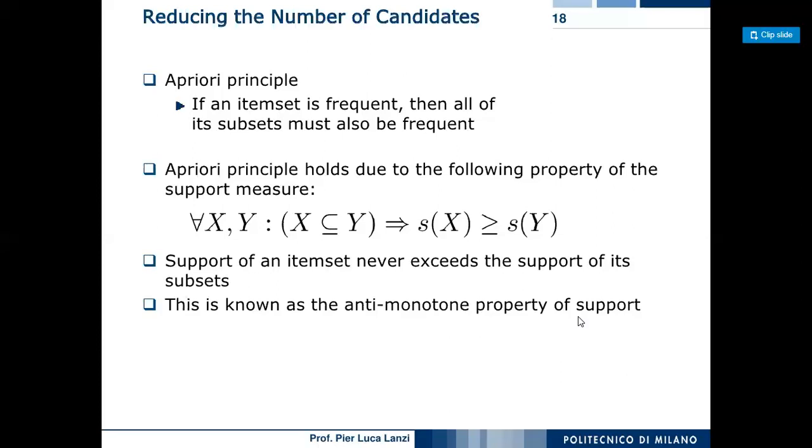This is known as the anti-monotone property of support, because support is the frequency of the item set upon the total number of transactions. Definitely, it is an obvious rule, because if an item does not occur frequently, then its superset would not be a frequent one.